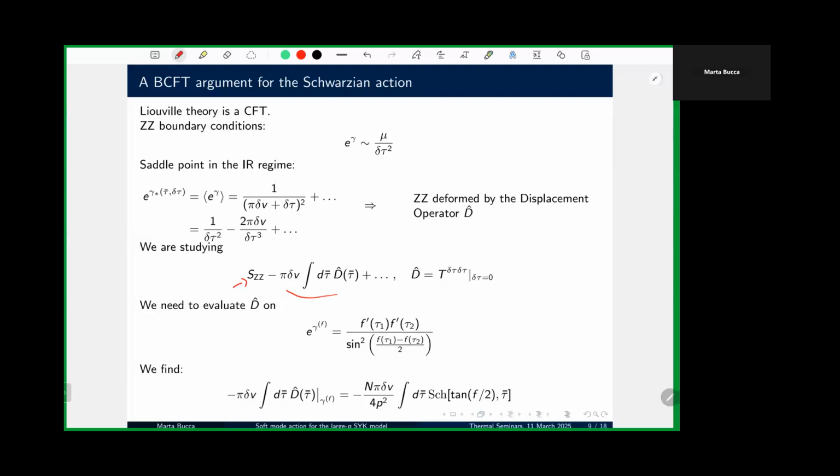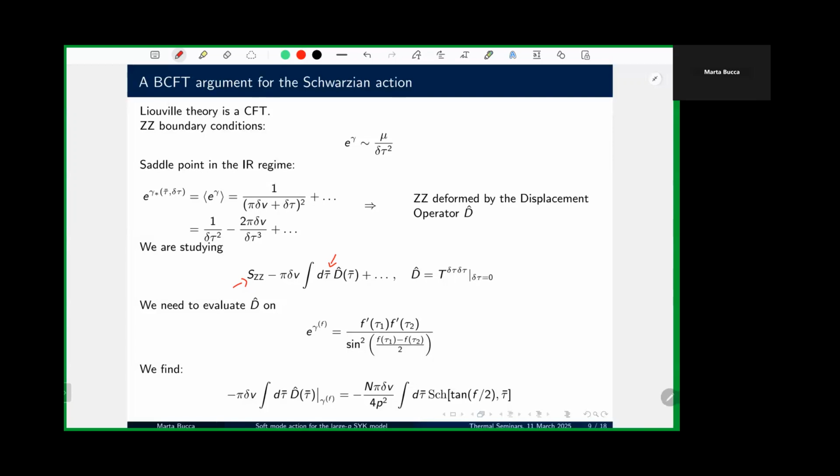And of course, you want to consider the contribution coming from all of the boundaries, so you have to integrate over the coordinate that is tangential to the boundary, and this coordinate is this tau bar. So this is what we're doing here.